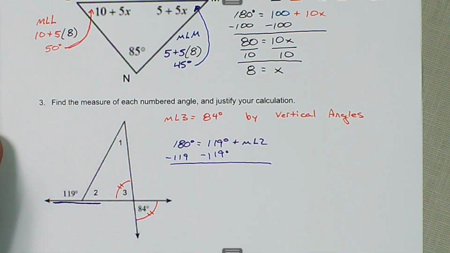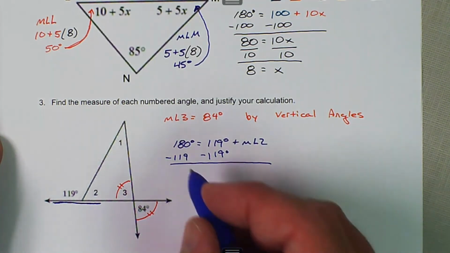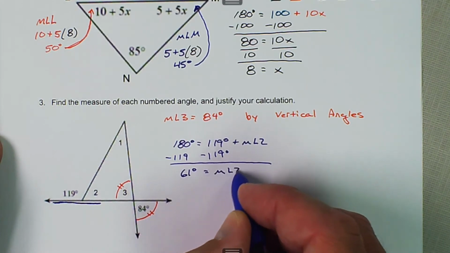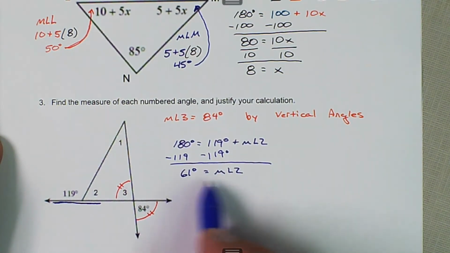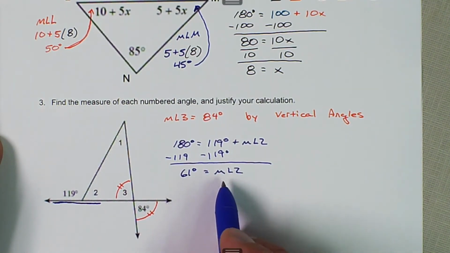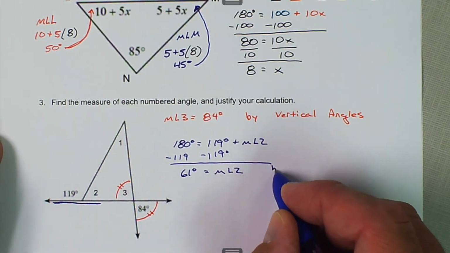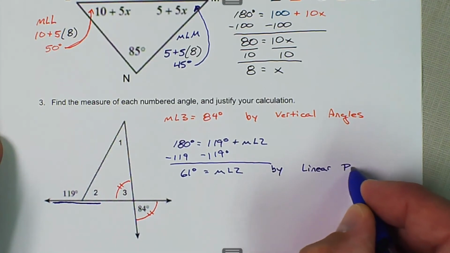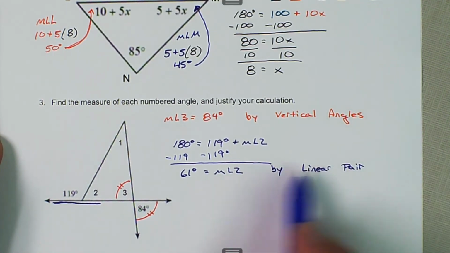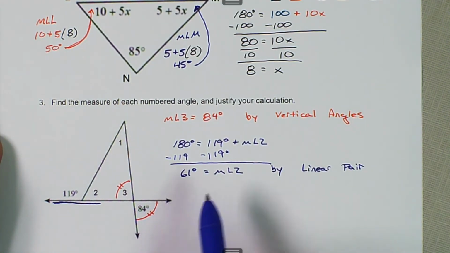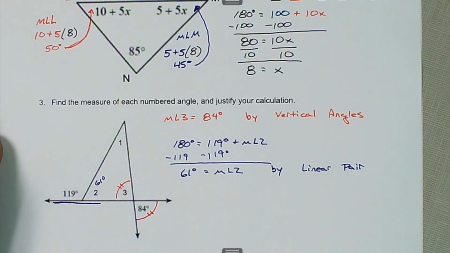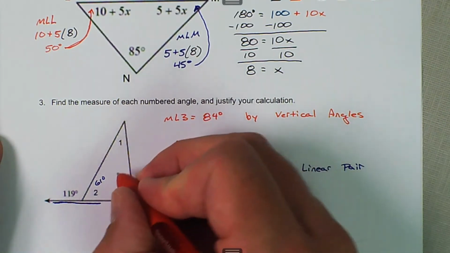And when we do that math, we get 61 is equal to the measure of angle 2. So the measure of angle 2 is equal to 61 degrees, and that's by linear pair. Linear pair add up to 180 degrees. And so we have 61 degrees and 84 degrees.